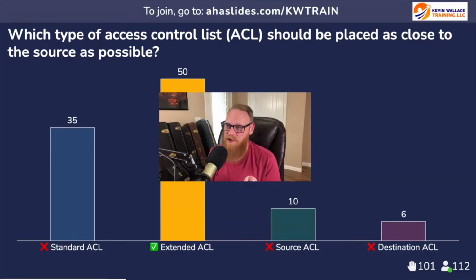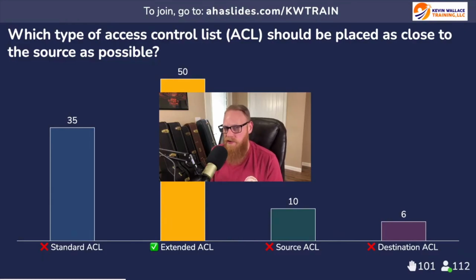Extended ACLs can filter between protocol types. They can match traffic based on source and destination IP addressing. Because of the ability to see the IP addressing in that way, it's a best practice recommendation to place an extended ACL as close to the source as possible in order to stop that traffic early on as it's traveling through the network.